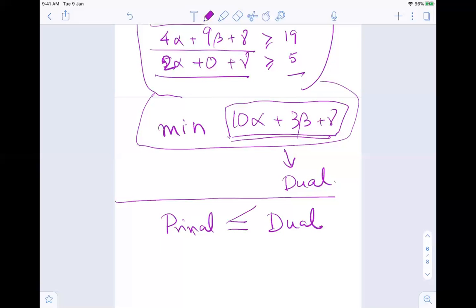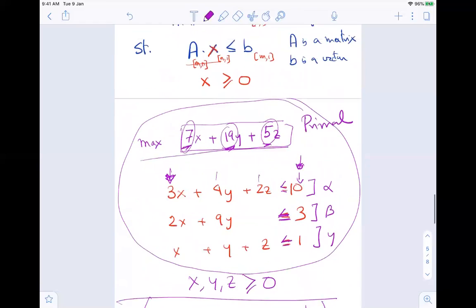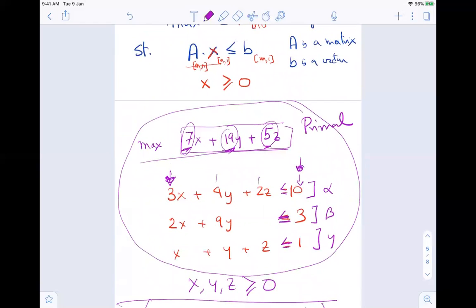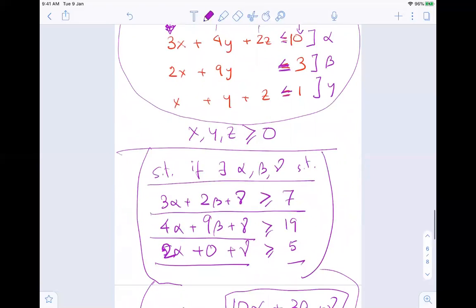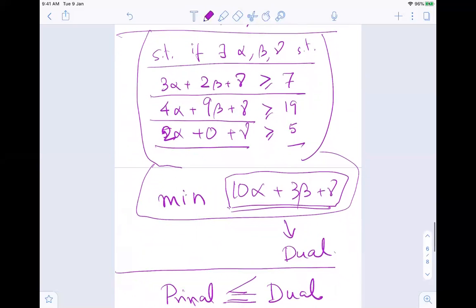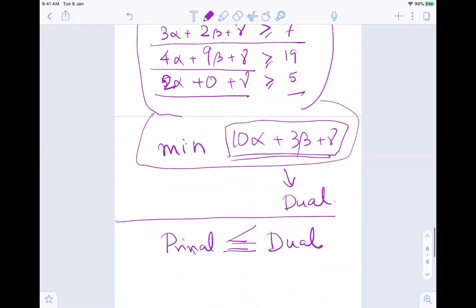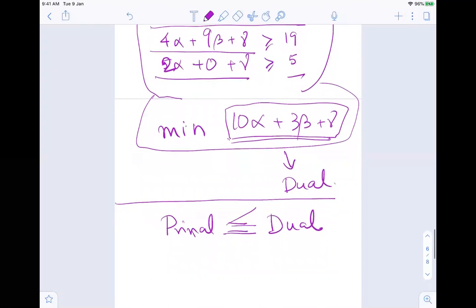We already know primal is less than dual. Here the primal is a max. If I had written the primal as a min, then the dual would have been the max, and we would have got the opposite direction.